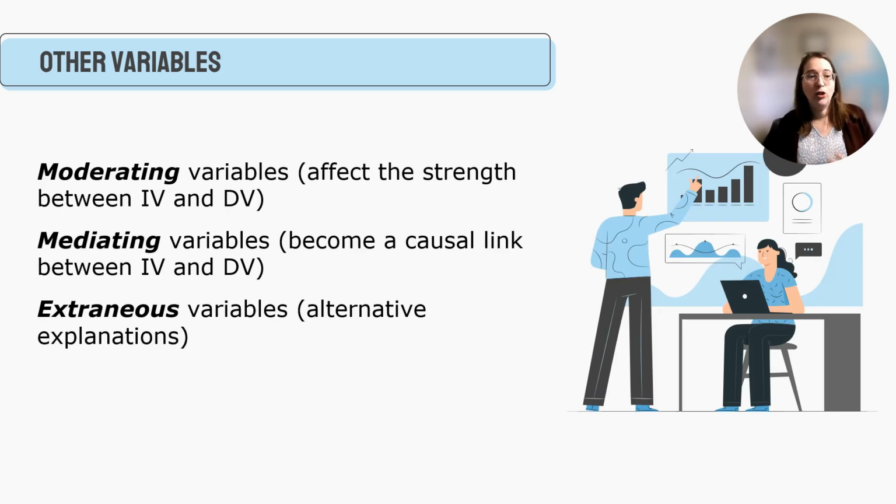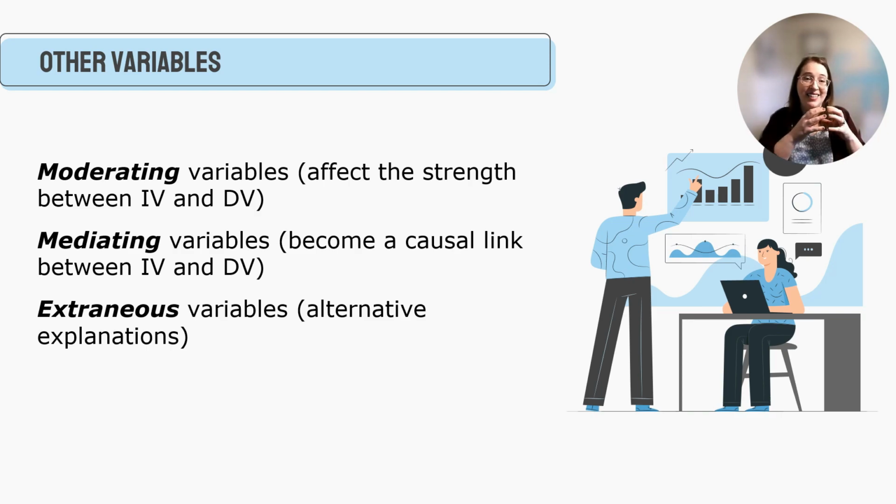The book also does a really nice job talking about the difference between moderating variables, which are things that affect the strength between independent and dependent variables, and mediating variables that become a causal link between an independent and a dependent variable. So again, the example of that is you say, I believe that changes in A cause changes in C. But maybe that's really not necessarily the issue.